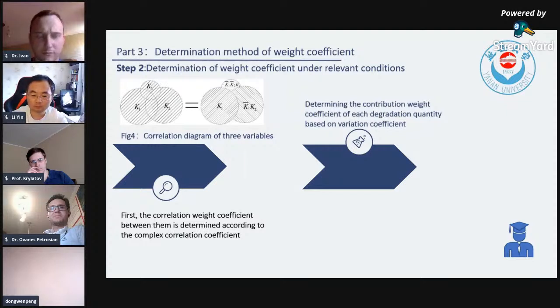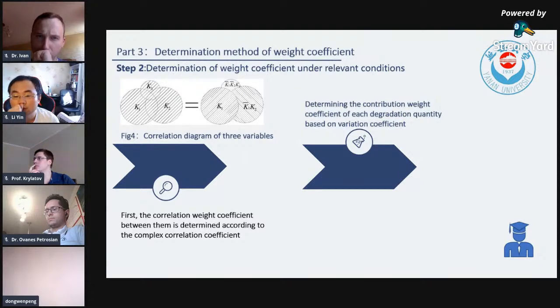The determination of weight coefficients under the condition of parameter correlation. First, the correlation between them is determined according to the complex correlation coefficient. If the complex correlation coefficient of any degradation variable x with the other degradation variables is larger, it means a stronger linear relationship with the other degradation variables, and the information can be obtained from the other degradation variables.